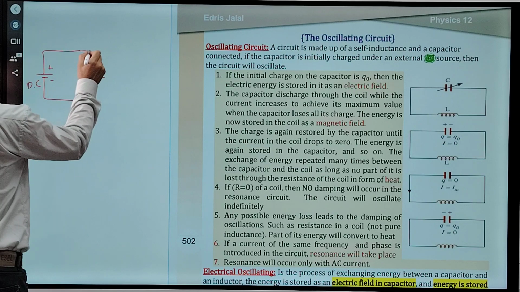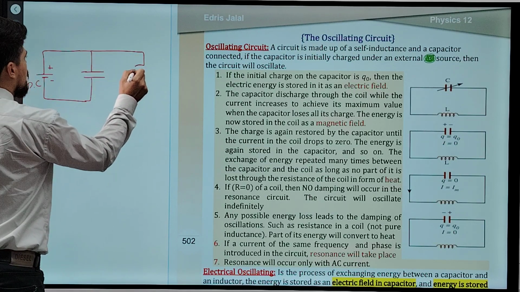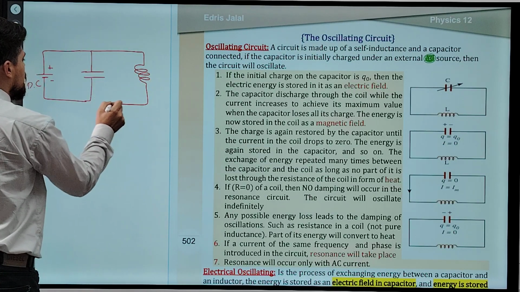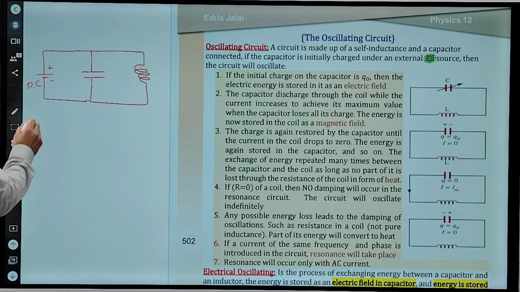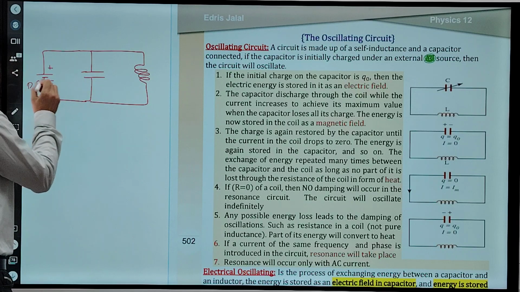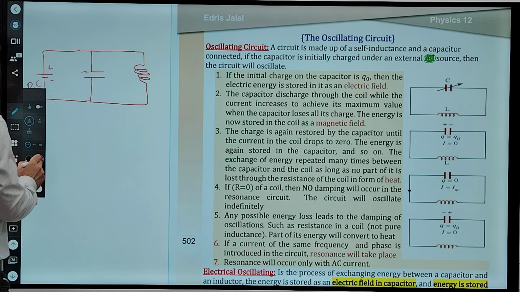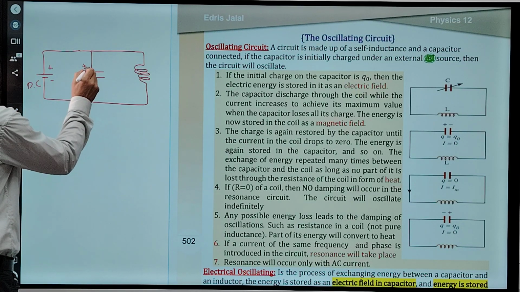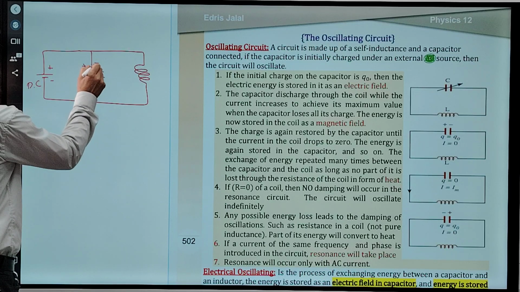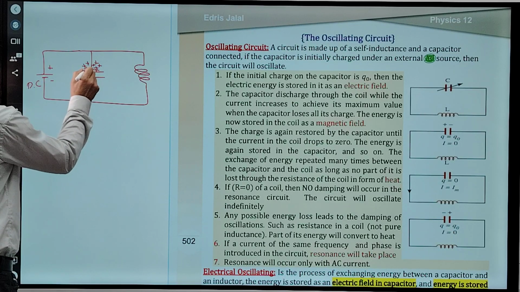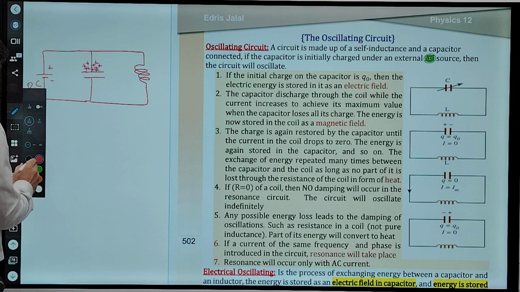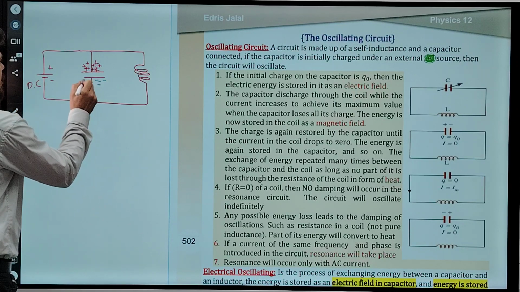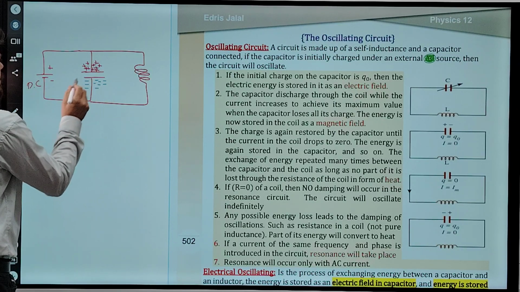And then the capacitor is connected with an inductance. Now, under this DC source, the capacitor will be charged, and all the positive charge accumulates here, and the negative charge will accumulate here.